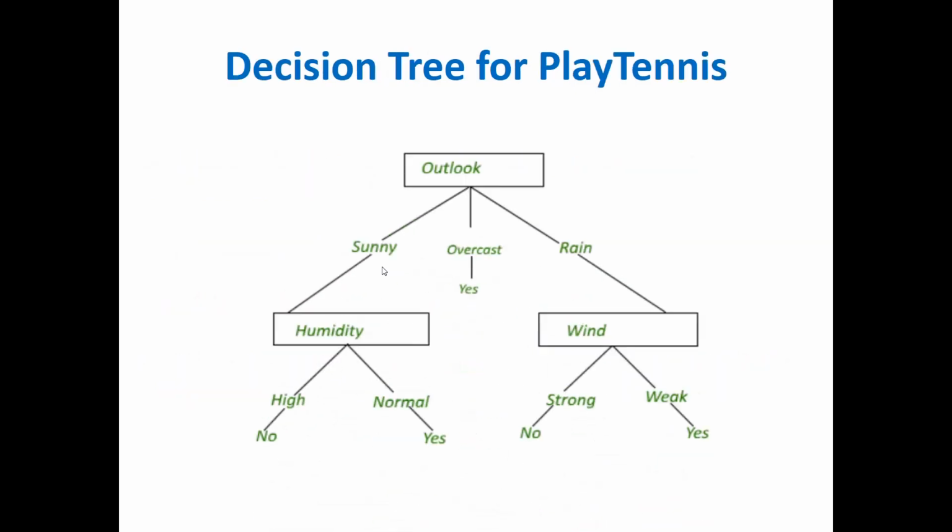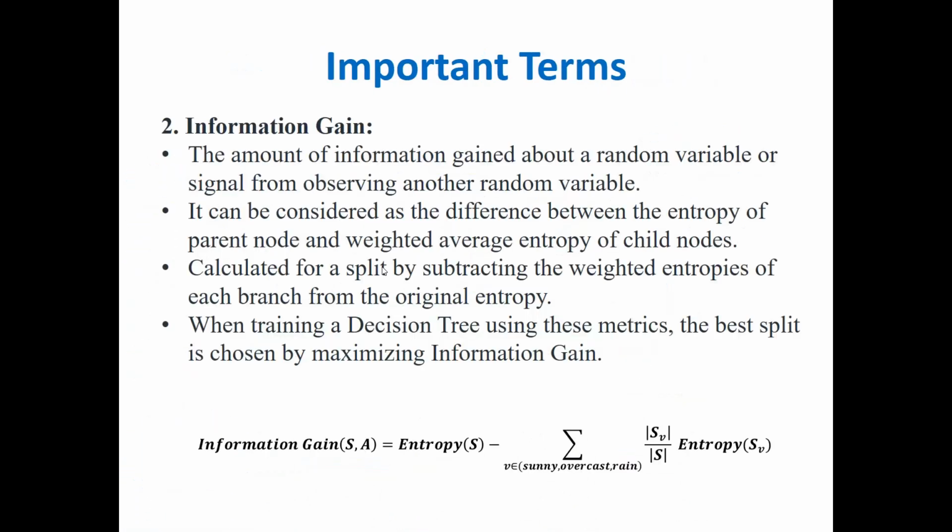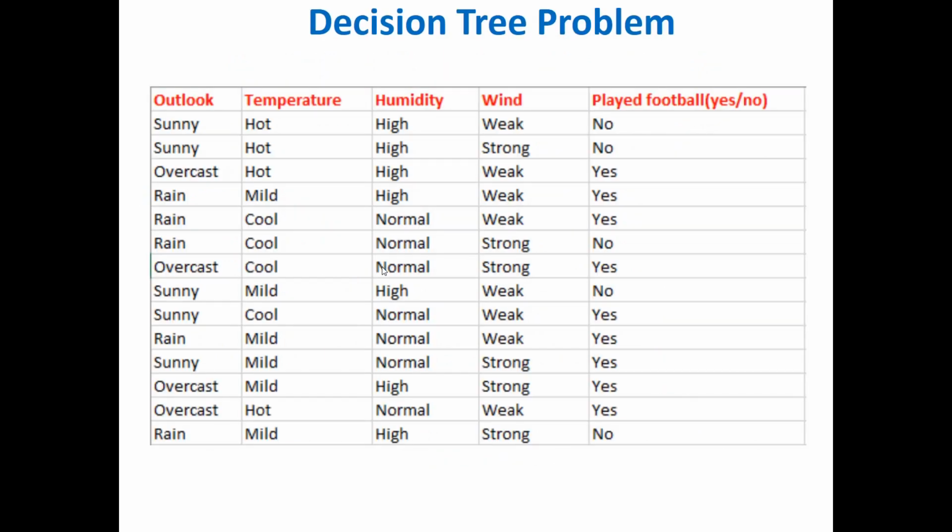Now, we will try to understand the decision tree with the help of one data set. See here, this is a problem wherein there are four dependent variables: outlook, temperature, humidity, and wind. These four are the dependent variables, which we can call attributes or features.